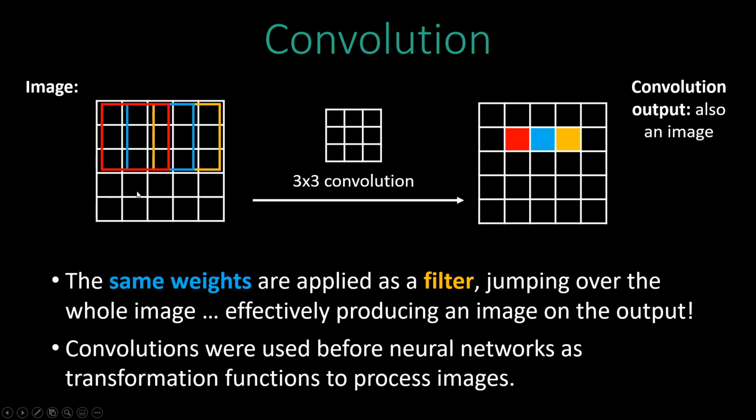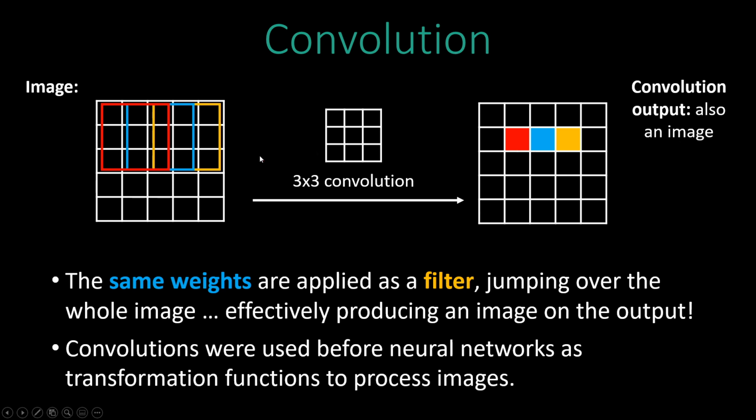To bring this into the context of what we talked about before, this is measuring the locality of the image. It combines the information present in all of these 3 by 3 pixels into this one pixel. The choice of 3 by 3 is arbitrary. You could say you want to look at a 5 by 5 area, multiplying it with 5 by 5 weights, and getting 1 pixel as well.